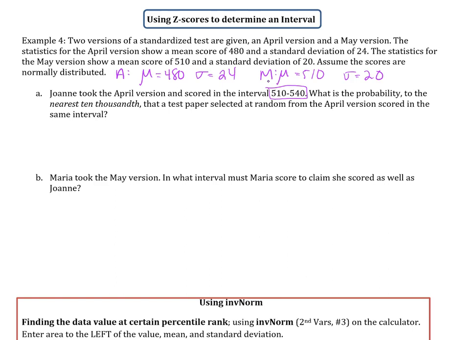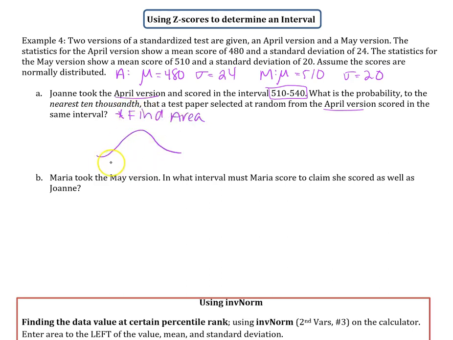What is the probability to the nearest 10,000th that a test paper selected at random from the April version, which is the version she took, scored in that same interval? So guys, whenever we're talking about finding the probability of randomly selecting a test, that's finding an area.